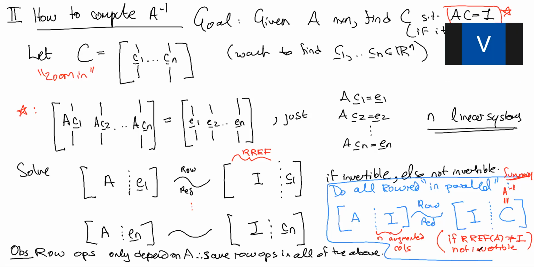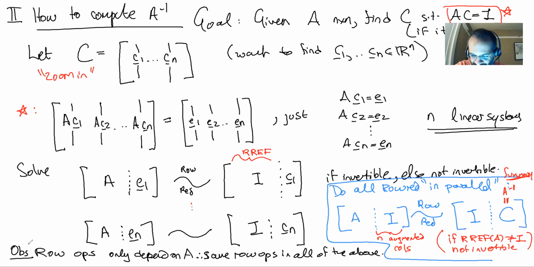Now, in general, if you wanted to solve AX equals B1, AX equals B2, and all you cared about was solving them, those may still have a valid solution even if the reduced row echelon form of A is not the identity. So if you wanted to do this in general, the thing that goes wrong is that the row operations might depend on B, because there might be a pivot in the last column or things like that.